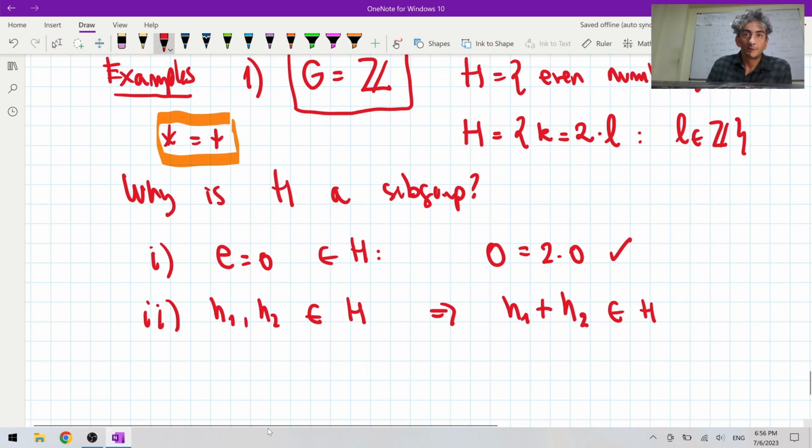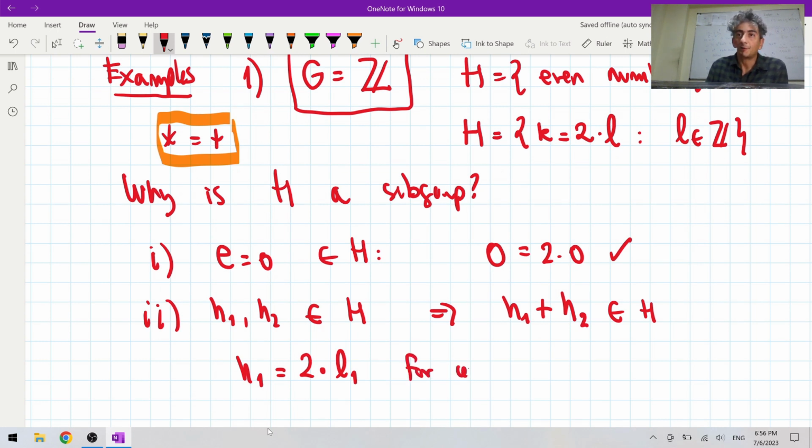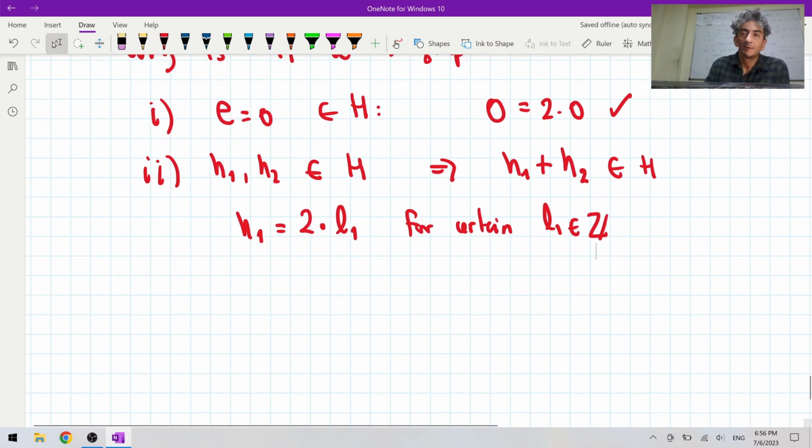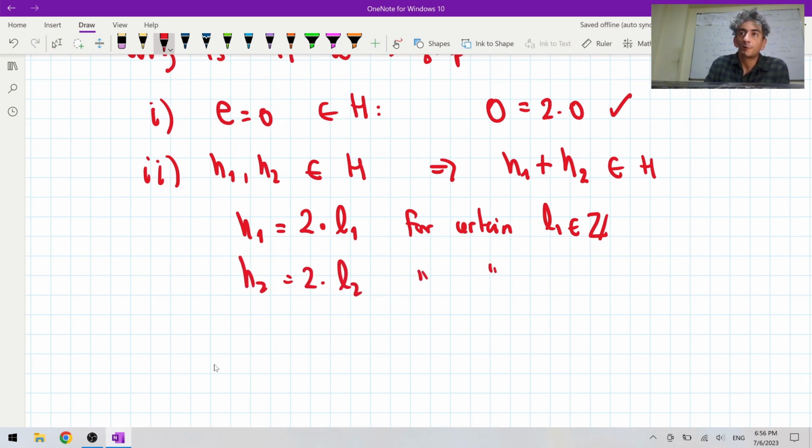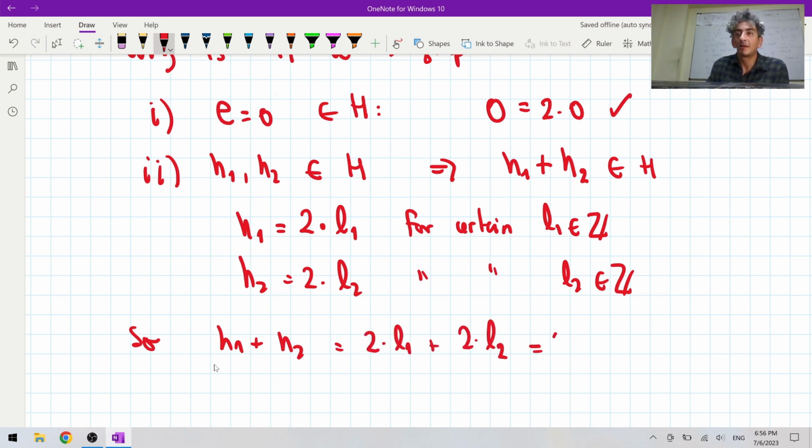So h1 is of the form 2 times l1 for certain l1 in Z. h2 is 2 times l2 for certain l2 in Z. And so the sum is 2 times l1 plus 2 times l2, and this is 2 times (l1 plus l2).